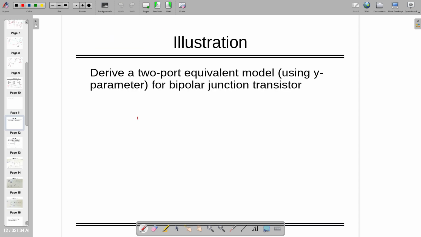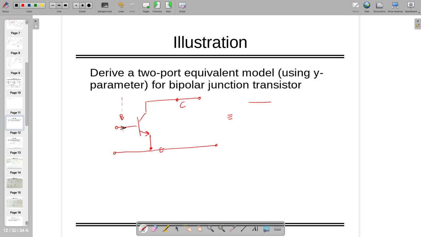Do you remember the BJT equations? Some of the equations. First of all, we can draw how it looks like. This side is base, emitter, collector. I want to replace the whole thing using a two-port. So that is going to have the following things.